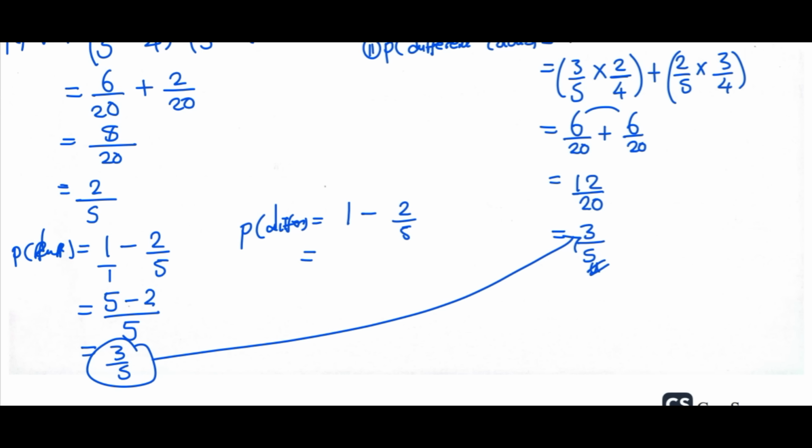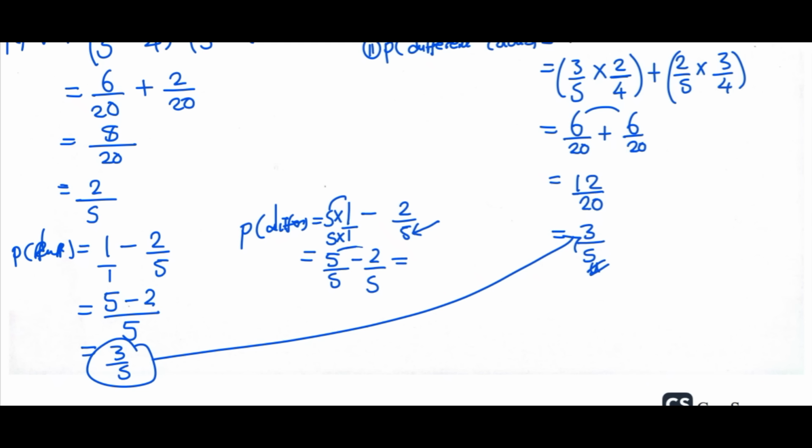This 1 is the same as 1 over 1. So let's look at the denominator of the other fraction, which is just 5. So we are going to multiply 5 times the numerator of this, also 5 times this. So we know that 5 times 1 will give us 5 over 5 minus 2 over 5.